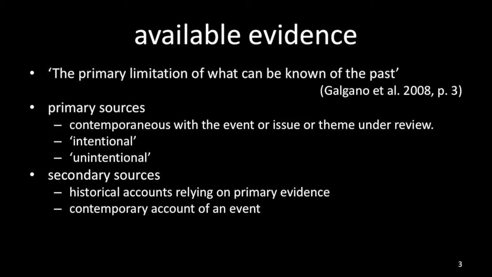The primary sources are those documents and accounts, and let's broaden that out to other objects which may not be intended as primary sources: buildings, books, perhaps letters, a range of things which can be used as primary sources, but these are things that are contemporaneous with the event or issue or theme that's under examination or review.